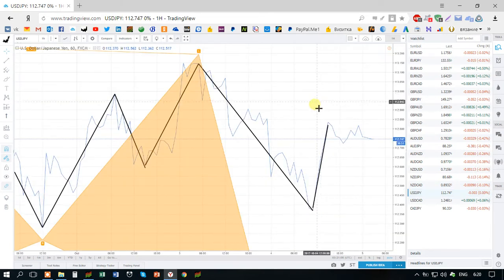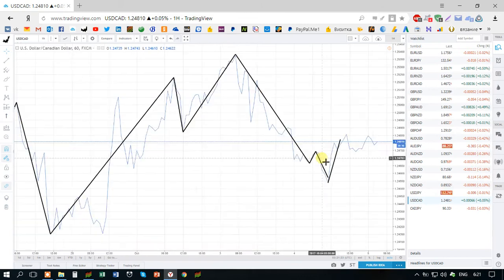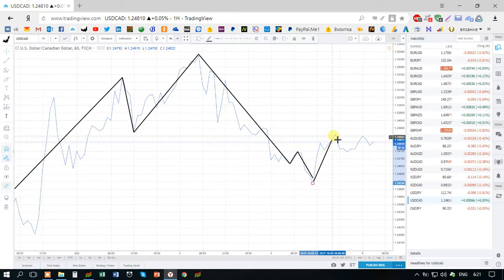Dollar yen, we move this way. Nothing wrong with this pattern, it is still valid until we go here to the D point or we break the A point. Higher high, you can see that, lower low, and another higher high.